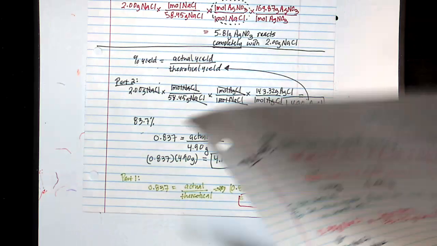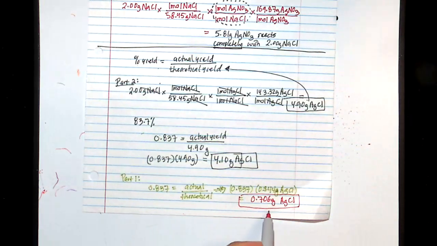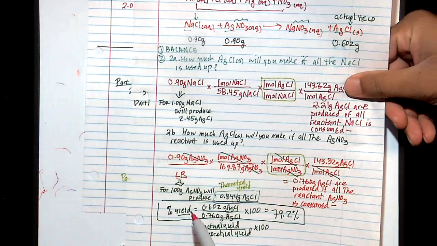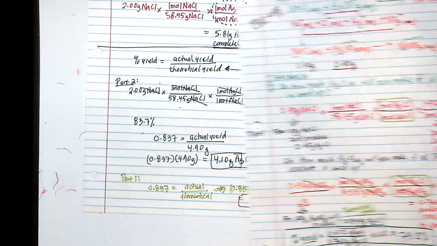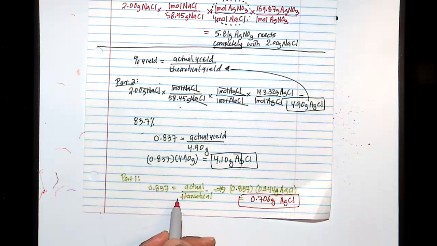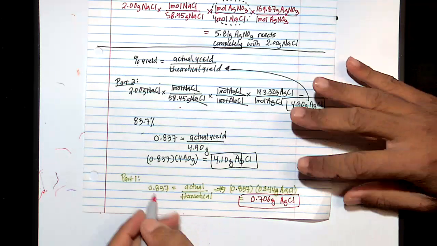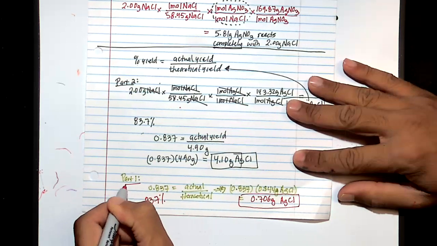So instead of producing 0.844 grams in theory, if you produce 0.706 grams of AgCl from starting material 1 gram of this and 1 gram of that, you are getting an 83.7% yield. Okay, that's your part 1.